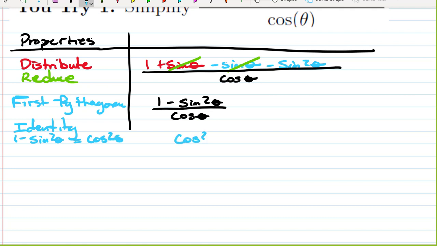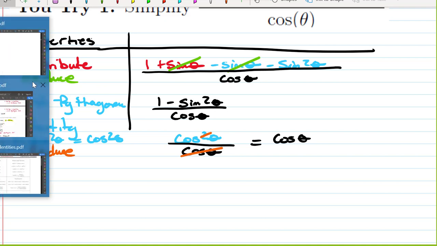So then we get cosine squared theta over cosine theta, and we reduce once again, leaving us with just cosine theta. So that would be our solution.